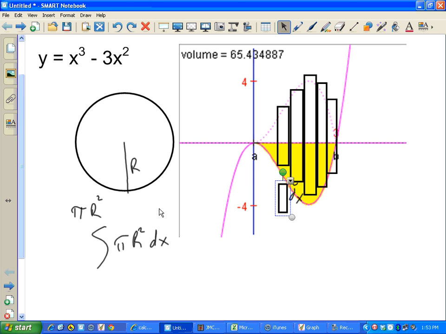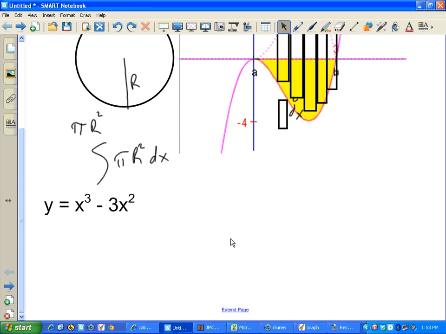Since this is my function, I'd be doing the integral from a is 0, b is 3, from 0 to 3 of pi r squared. So r is this, the radius of my disk.